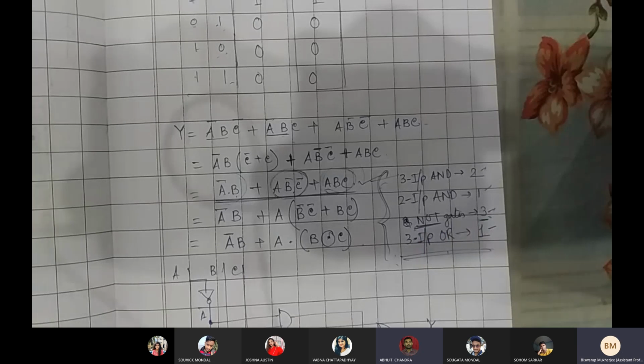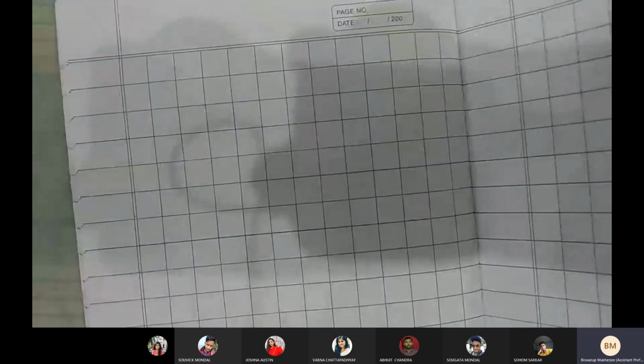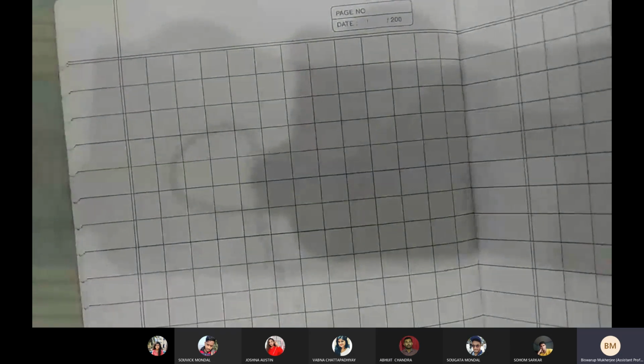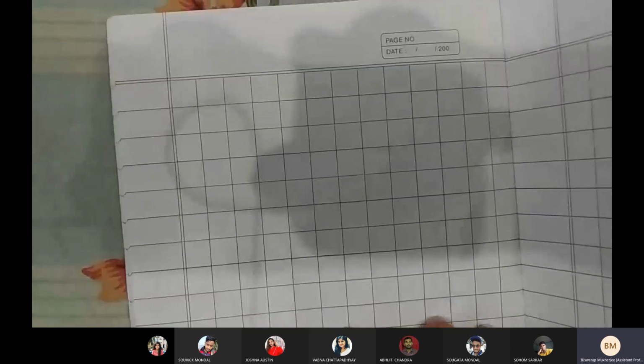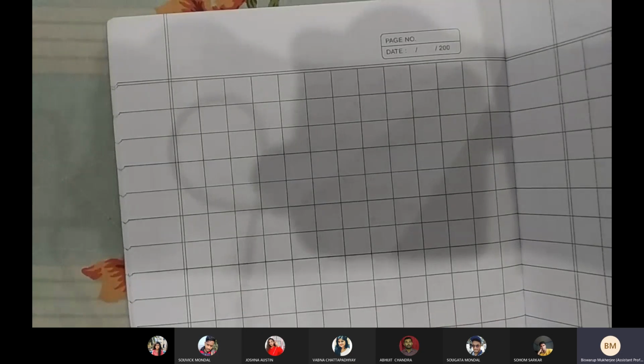Okay, sir. So in your syllabus, or in any digital book, you may find many examples of Boolean algebra based minimization. You will be given one expression and asked to minimize it.